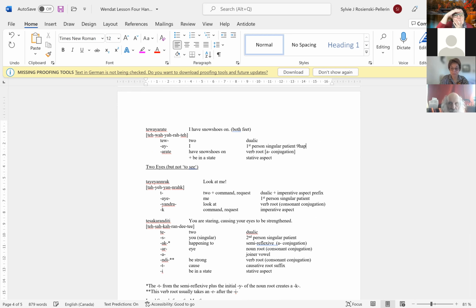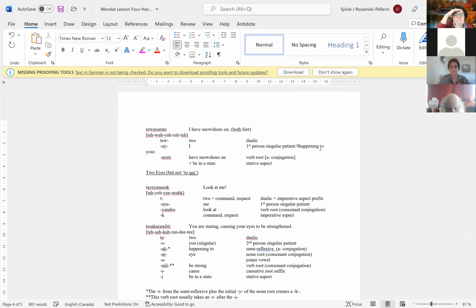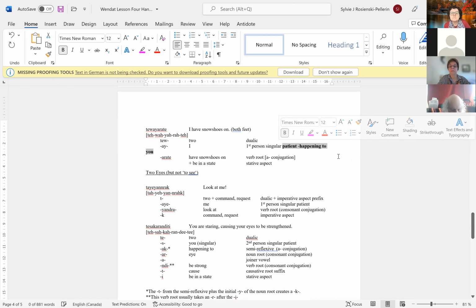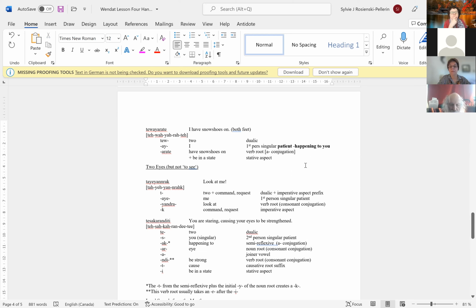So you're going to use the patient. And otherwise, I'm trying to remember. Yeah, there is a noun for snowshoe, but it's not used here because you don't need to, because there's a verb as well. And given a choice, a verb is more likely, just because it's a state of having them on, right?